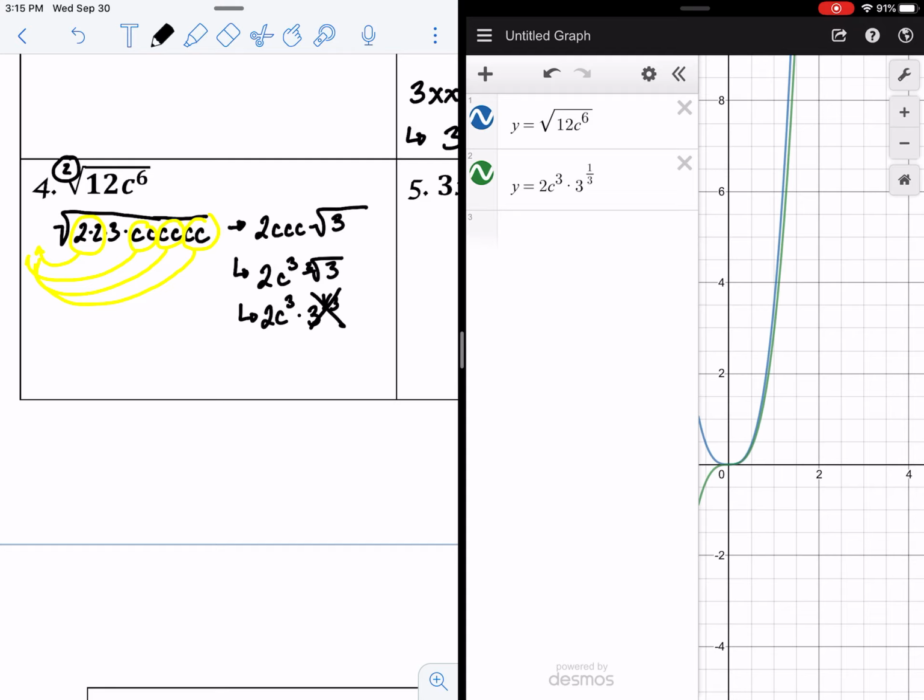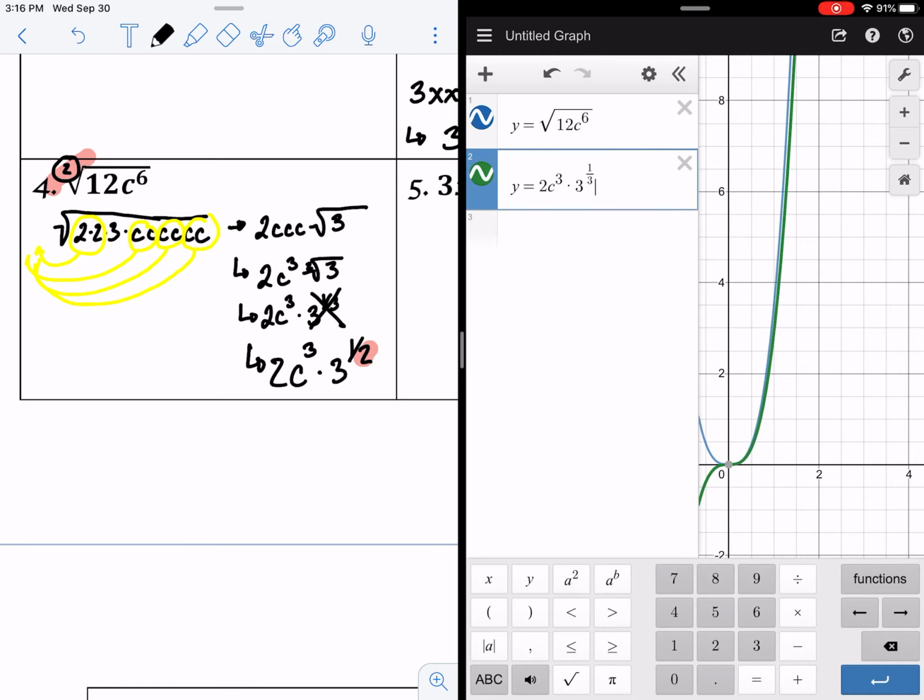This is no good. It should really be 2c cubed times 3 to the 1/2 because my index is 2, not 3. Okay. Another reason why I don't like to do this stuff by hand, I'd rather just put it in Desmos. But this example is one of those where I was telling y'all that we're only concerned with the positive x values.